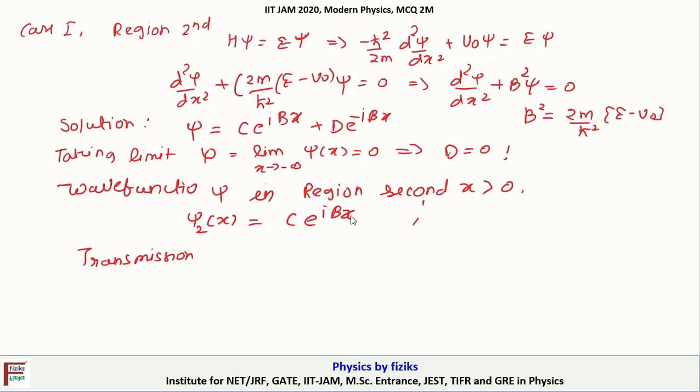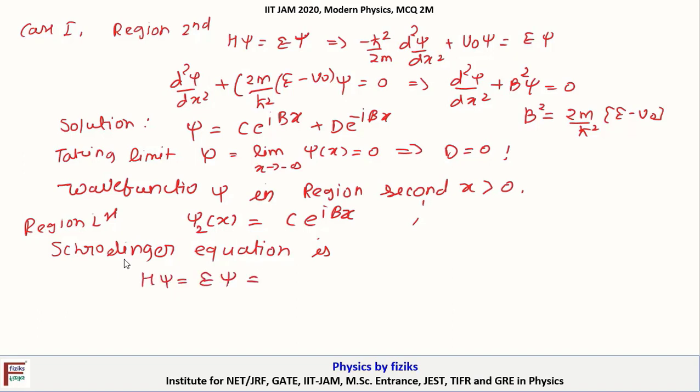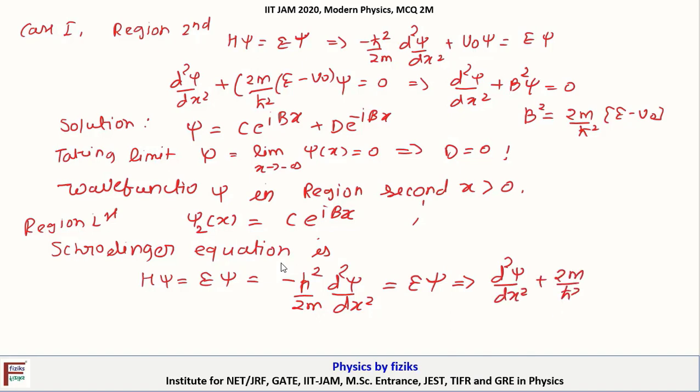Now, in the first region, the Schrödinger equation is H psi equals E psi, which is minus h cross square by twice m del square psi by del x square equals E psi, implying del square psi by del x square plus 2mE by h cross square psi equals 0, for x less than 0.